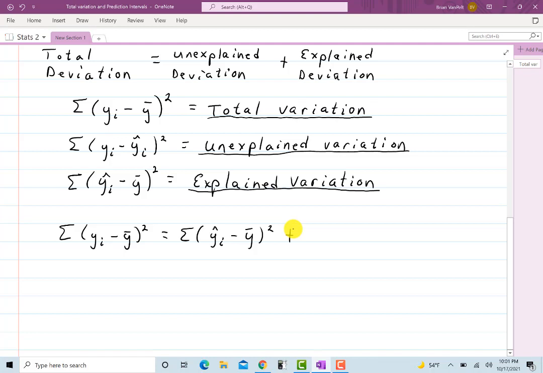And then let me put the unexplained next. And there we go. So we have the total, and then we have the explained, and then we have the unexplained.